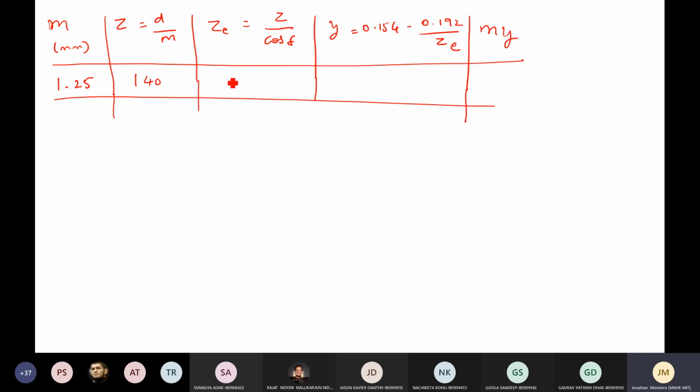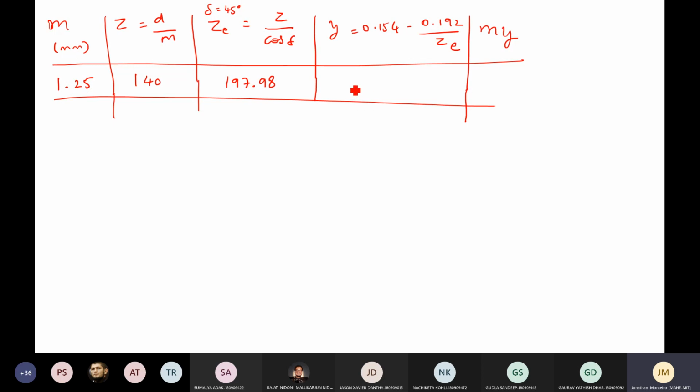If you get 140 here, then ze will be 197.98. Here delta is 45 degrees. Let's confirm the value.